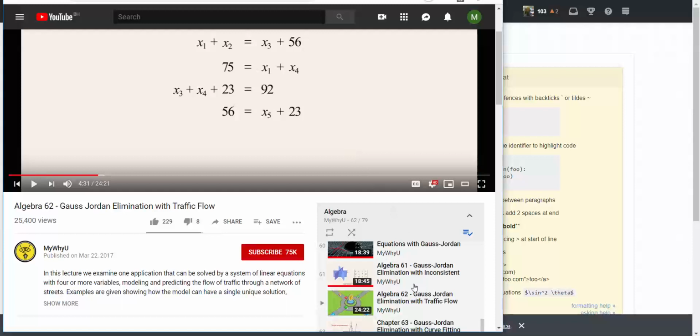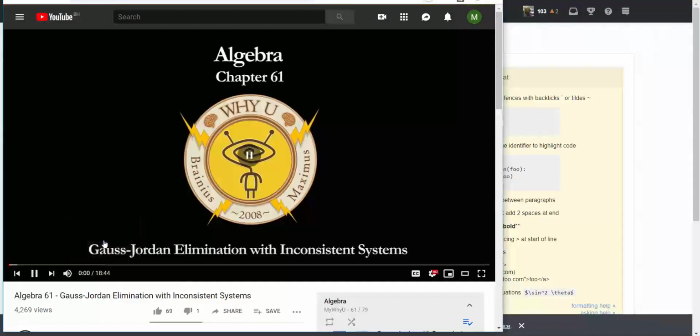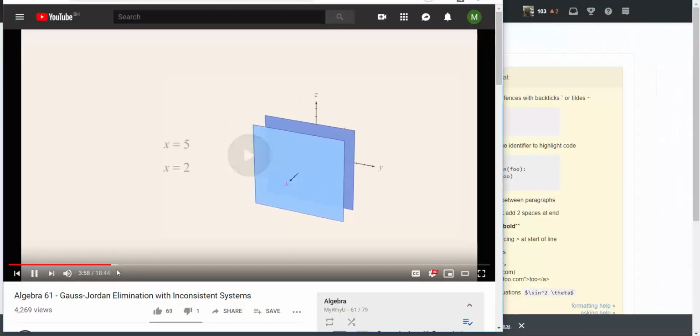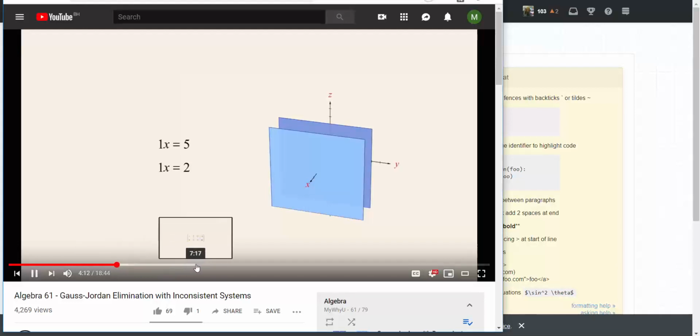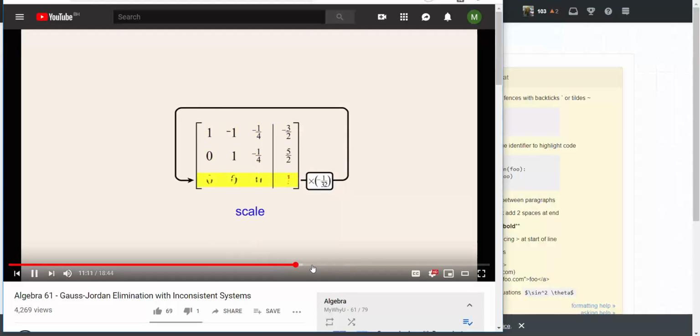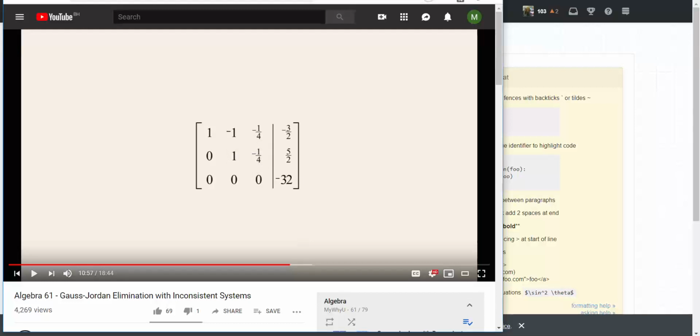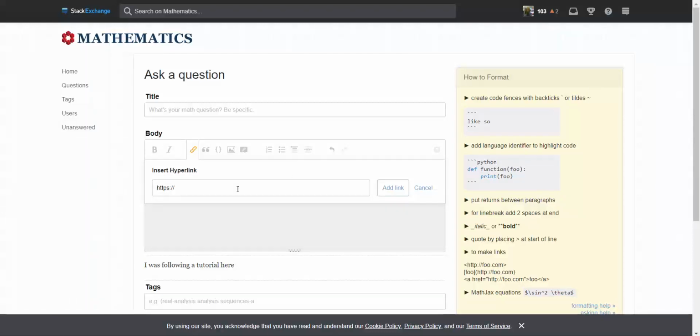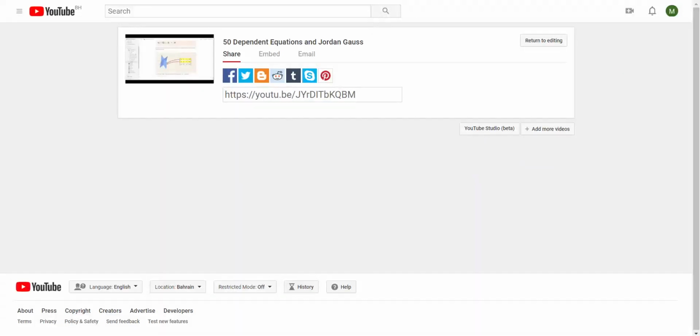Oh, this is the traffic flow. More complicated by adding a y term, not by changing to a 1. Operation to multiply row 3 by negative 1/32. Okay. Sorry, it's another one.